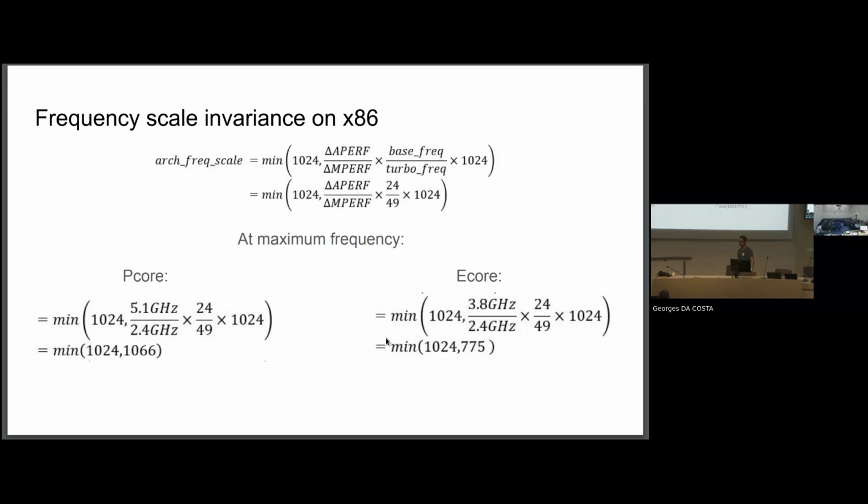We would have P-core 1024, which in fixed point arithmetic means 1 with 3 significant digits, and E-core 1024, which again is 1, because we are at maximum frequency, maximum capacity, which is 1. Exactly. Now this is not happening because, as I just told you, the maximum frequency I pulled out of a magic hat, or I made it up.